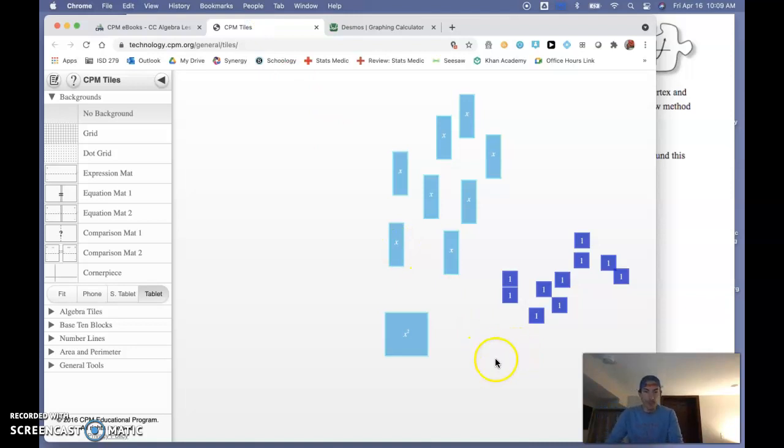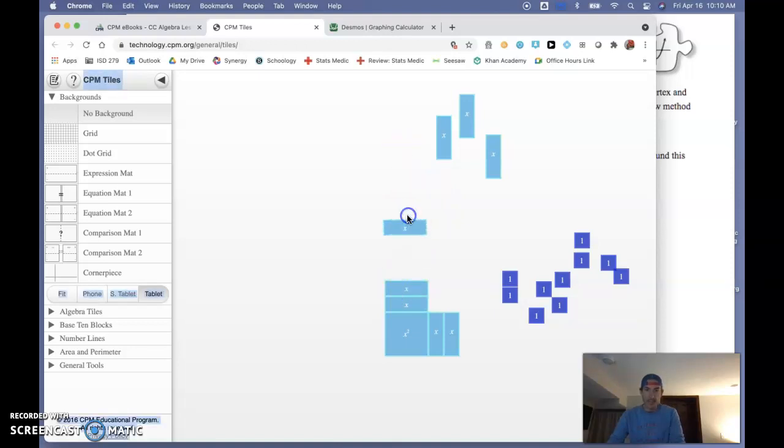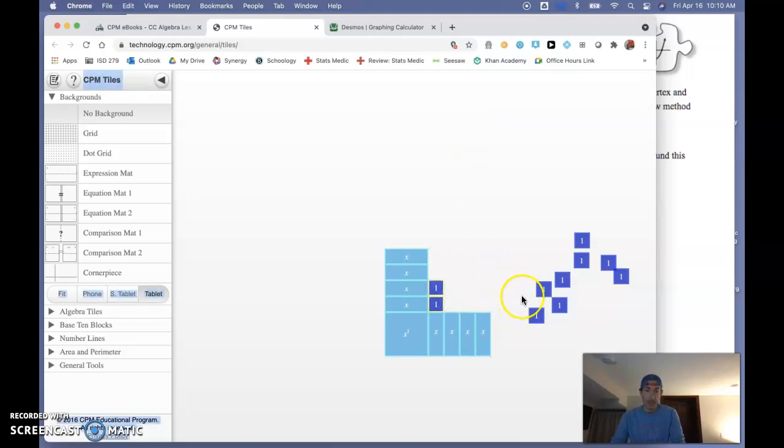Remember, when we're factoring, our job is to build a rectangle. You can play with this; I'm going to speed through it. I'm building these tiles this way, and remember, the job is to do this with no gaps, no overlaps. This is, by the way, x squared plus 8x plus 10, and I'm just starting to build these things, no gaps, no overlaps, and it's looking pretty good.